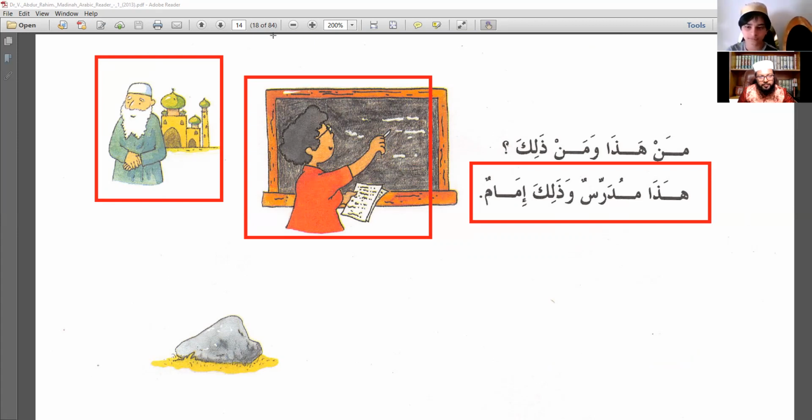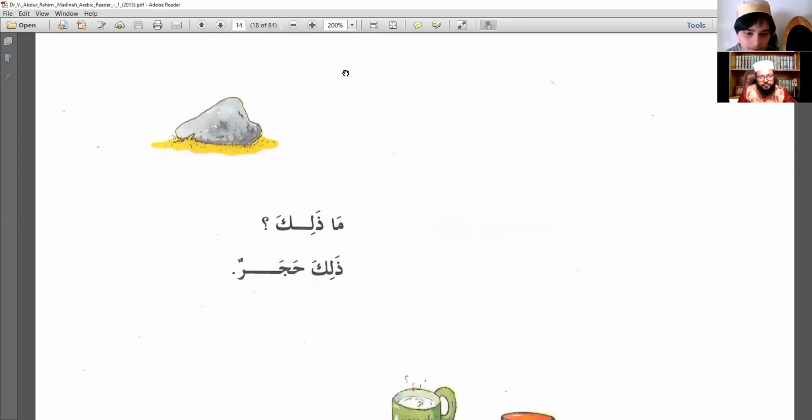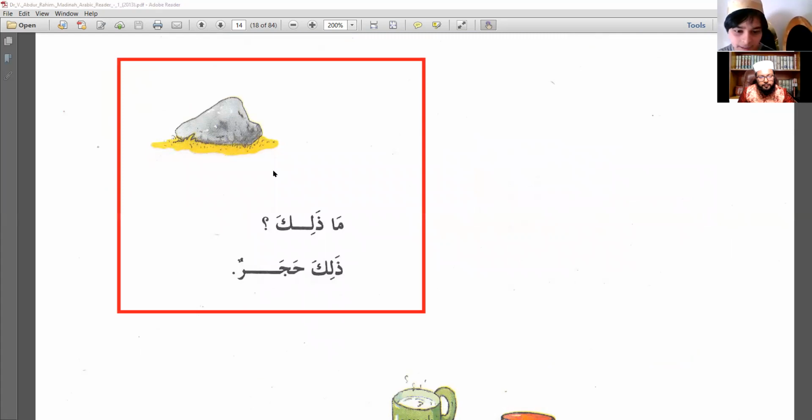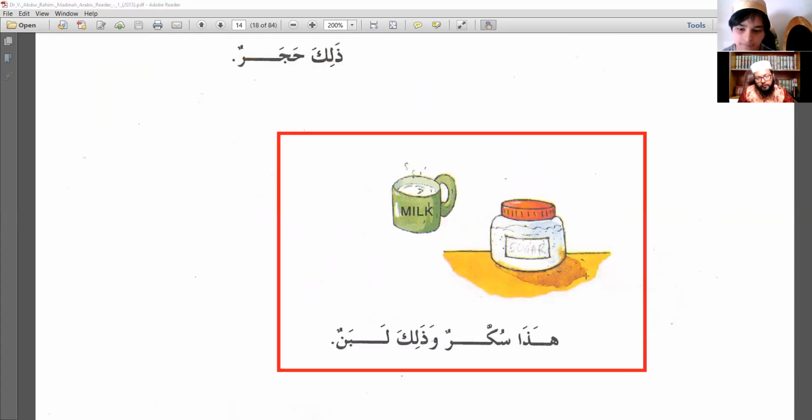Very nice. Beautiful. So now the next one, look at this. ما ذلك؟ What is this? ذلك حجر. This is a stone. Very good. ما هذا؟ هذا سكر وذلك لبن.